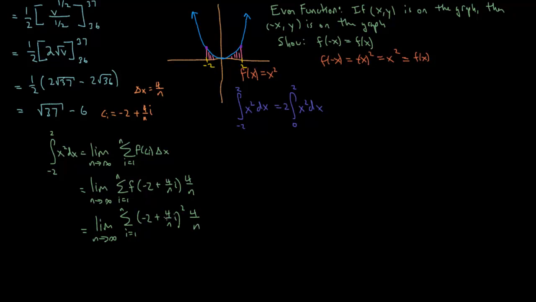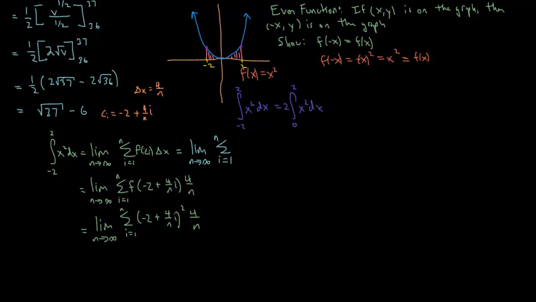No. But look what would be a lot easier. We could go instead, at this point, let's do this in a different color. We could say that this would be equal to the limit as n goes to infinity of the sum i equals 1 to n.